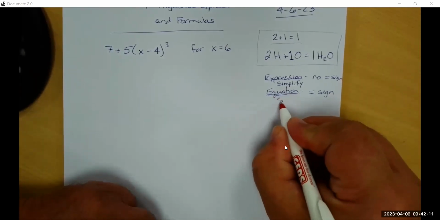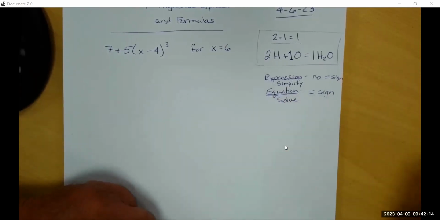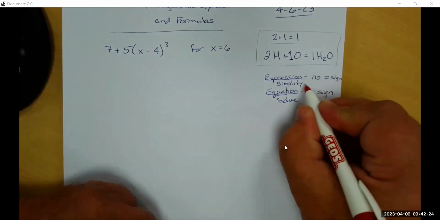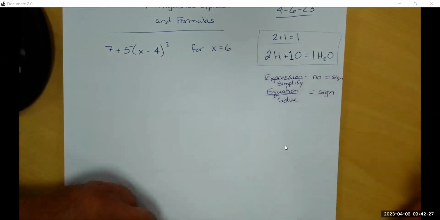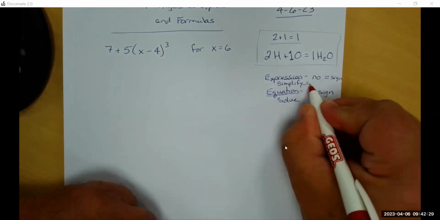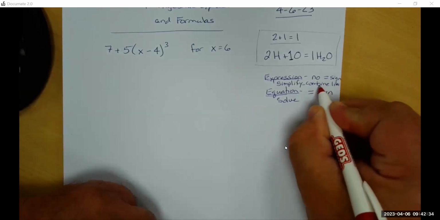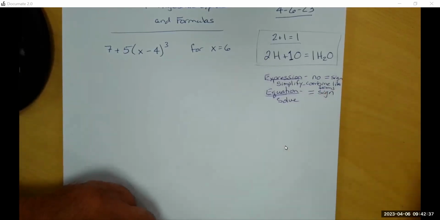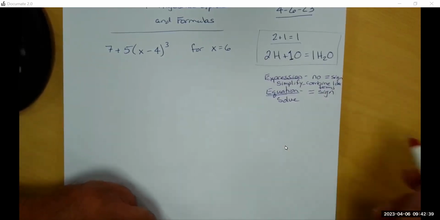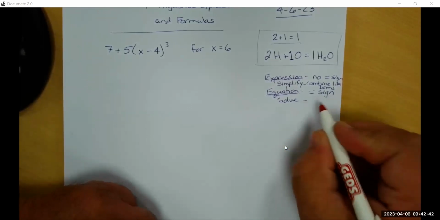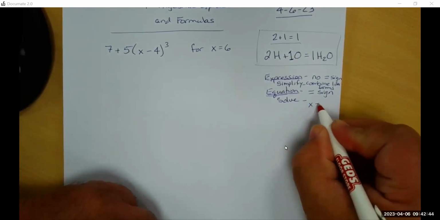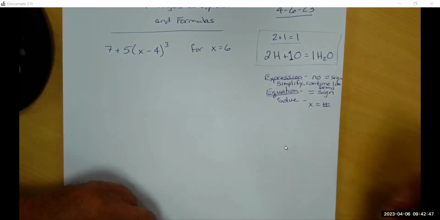When you have an equation, you solve. So simplify is combining like terms. And solve, we're not done until the variable equals some number.